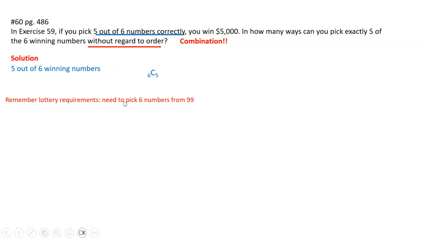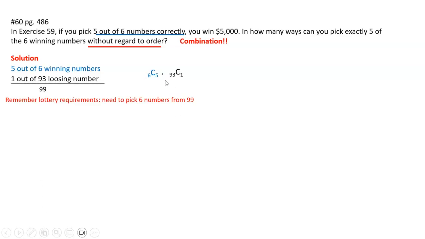But remember, guys, for the lotto, you need to pick 6 numbers out of 99. So we subtract 6 from 99, and we are left with 93. We subtract 5 out of the 6, because that's here, so one is left. So it's going to be 93 combination 1.